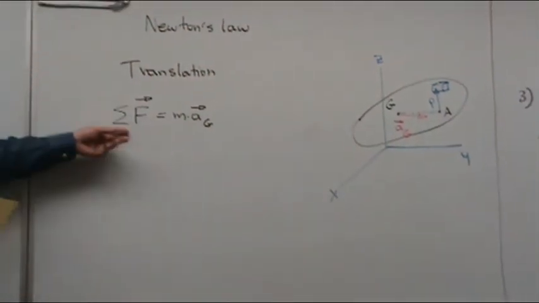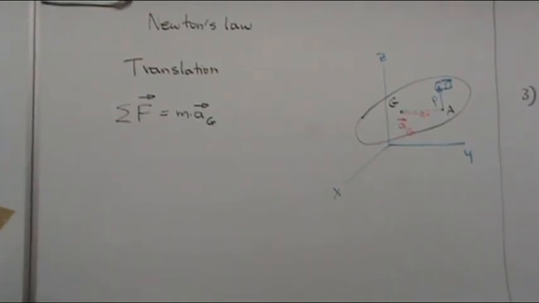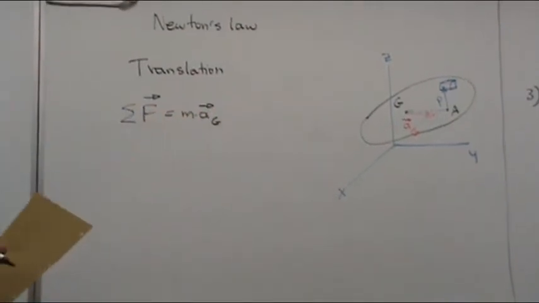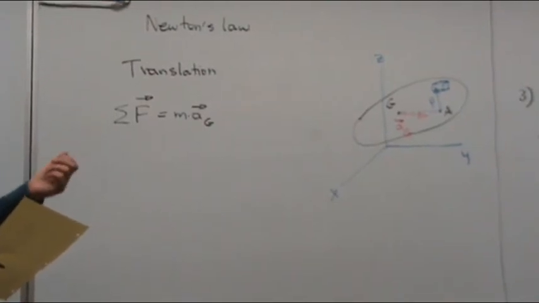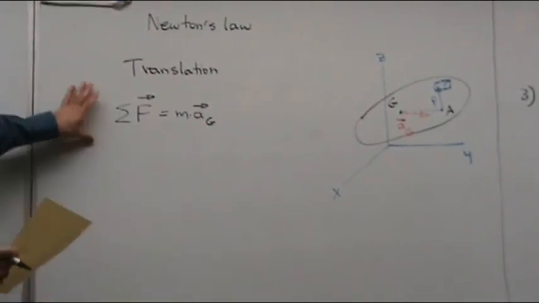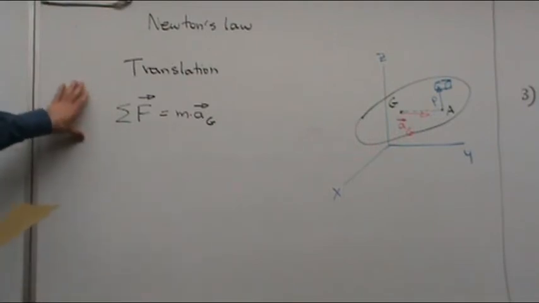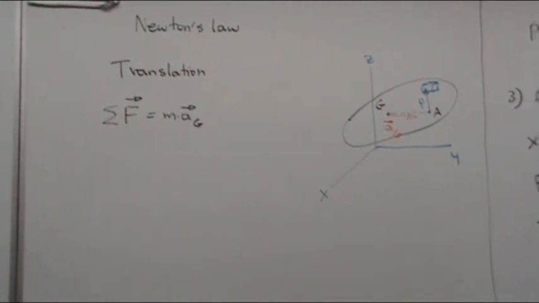So this is a vector equation which corresponds to three equations, one in the x direction, the second in the y, and the third in the z direction, okay? So this is the equation of Newton's law for translation.